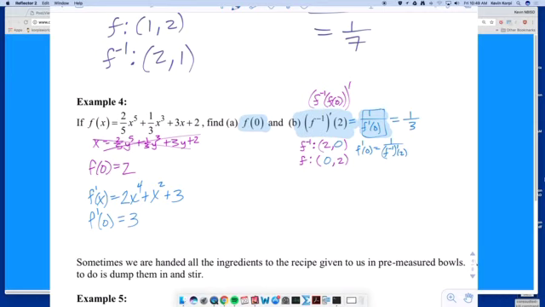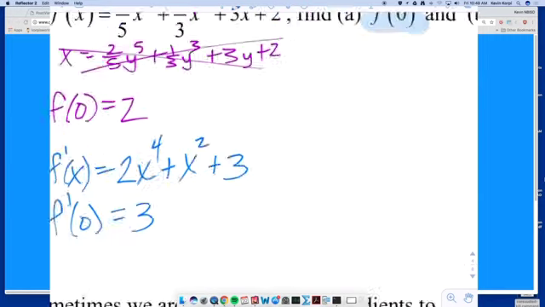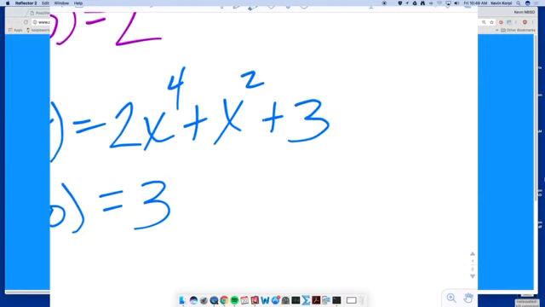Now, this one didn't ask us to determine if our function was 1-to-1, but it's irrelevant here. Even if there was more than one output, you would be given a value of x to compute so that there was only one point associated with it. All right? We could probably prove that it is 1-to-1, very similar to what we did yesterday, right? If you take this derivative here, what do you know about that derivative?